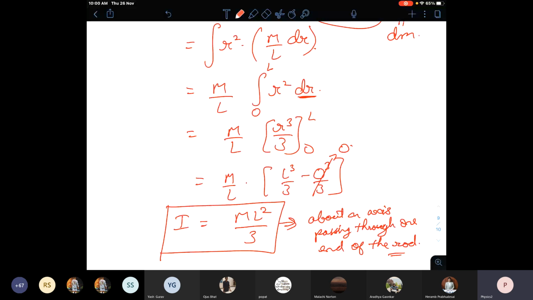If you change the axis, the moment of inertia will change. So this value you have to remember. You have to remember this, but if you change the axis, remember.